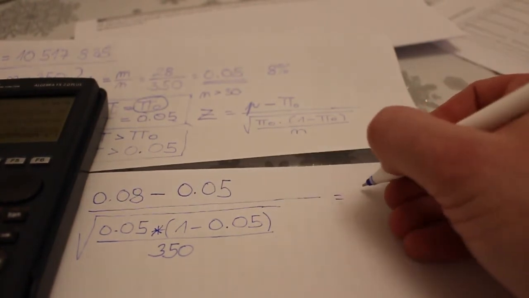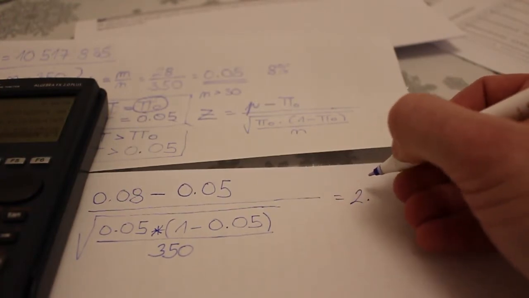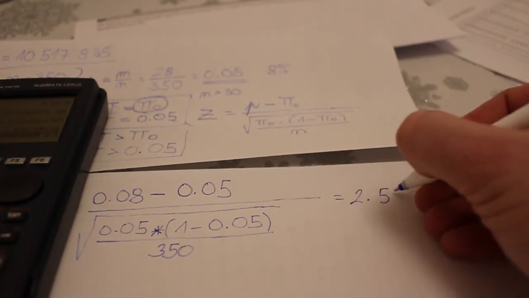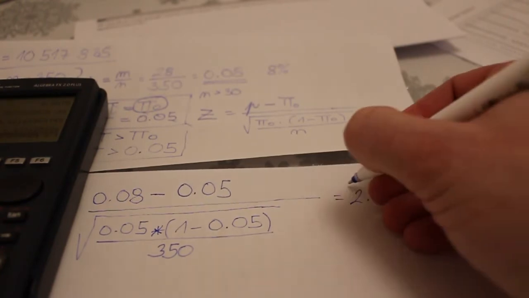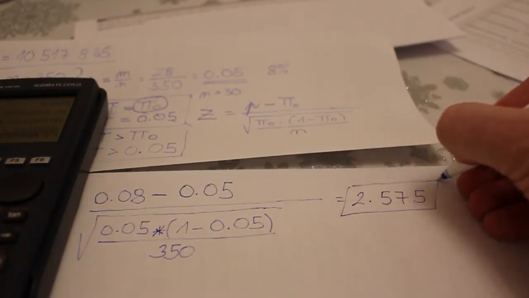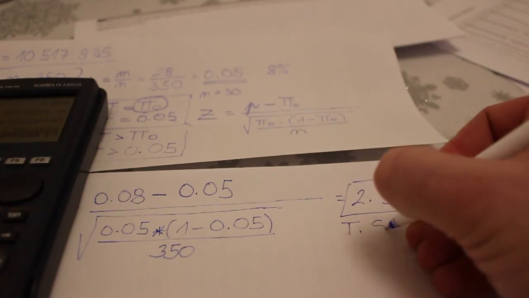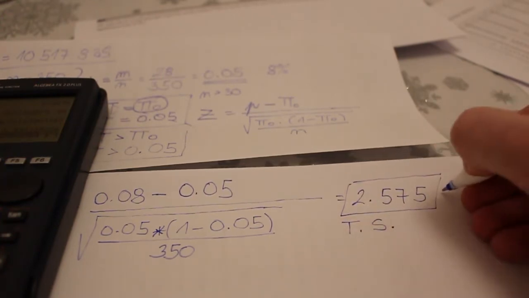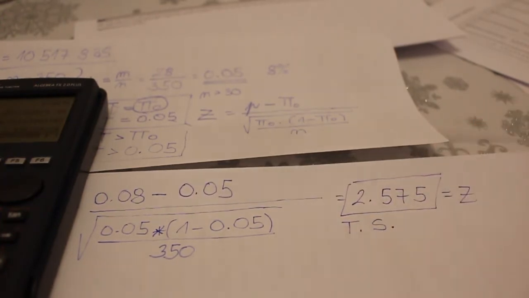So the value of Z is 2.575575. This is your test statistic. So this is the value of Z.